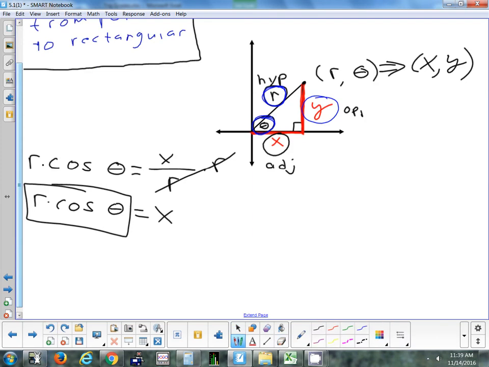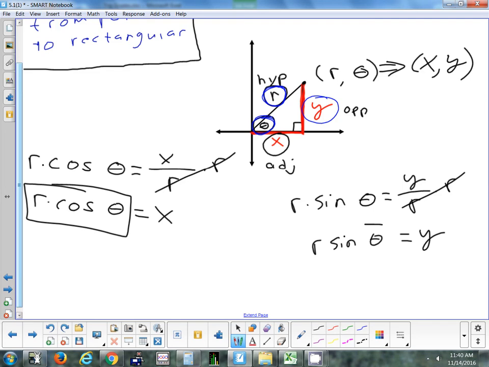Sine. And can you set that up for me, Kyle? Sine of your angle is equal to y over r. Y over r. And now I want to do the same thing I just did. I want to get a formula for y. So Katrina, could you tell me how I get r on that other side? Multiply by r. Yeah, multiply by r, and there's your formula for y.